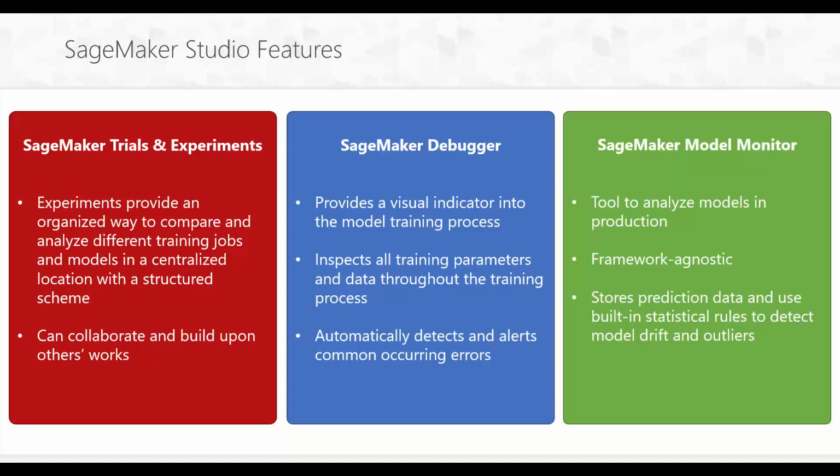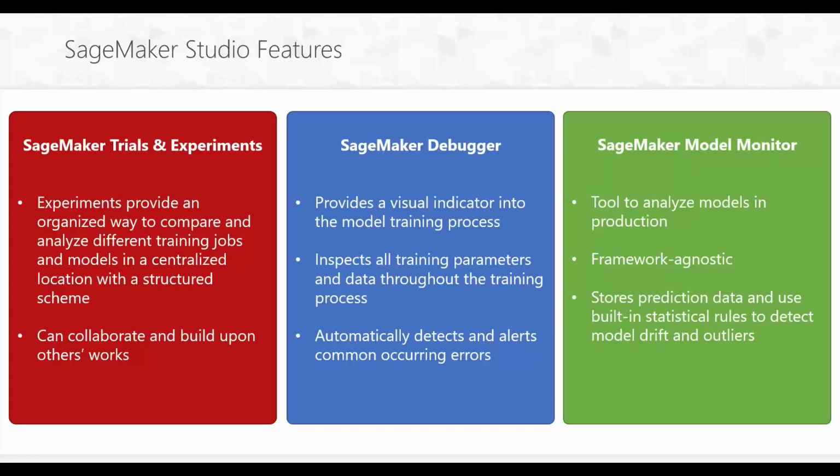Another similar feature that's also integrated into SageMaker Studio, but focuses more on the deployment phase, is SageMaker Model Monitor. This will mainly catch what we call model drift. Model drift is when you deploy a model into production, and sometimes the production data that is being fed into your deployed model might deviate a little bit from what the model was trained on originally.